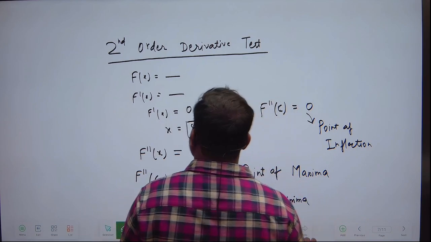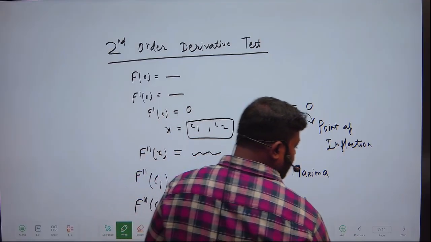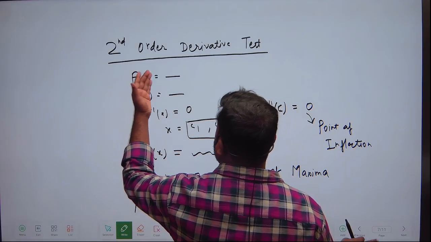Now I am taking the same examples and I will try to show you how to solve using this second order derivative test.